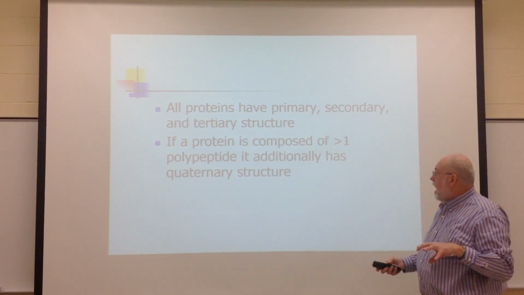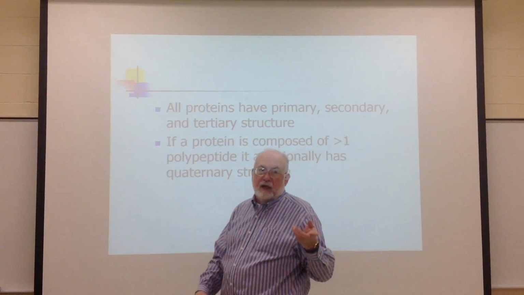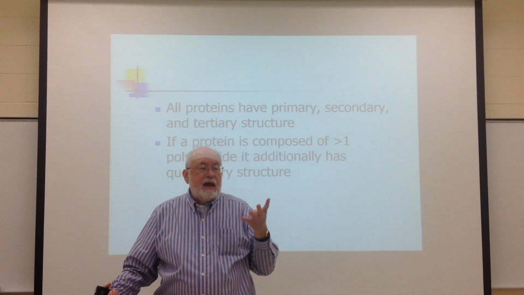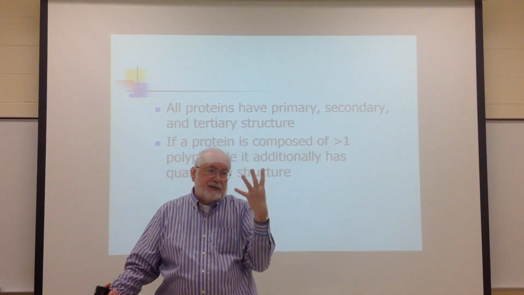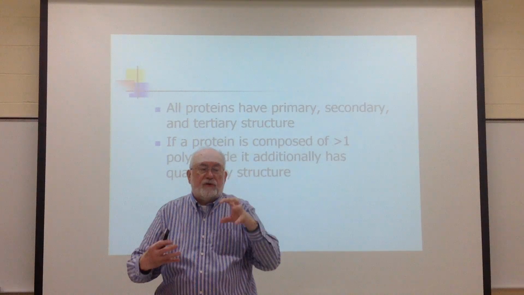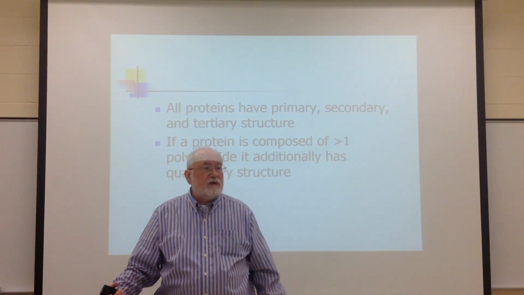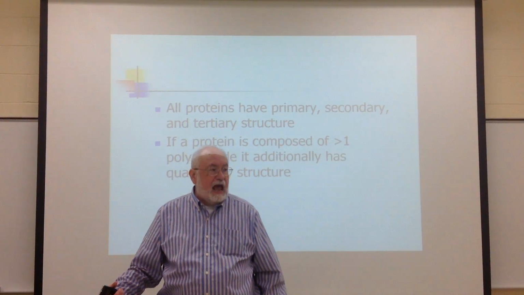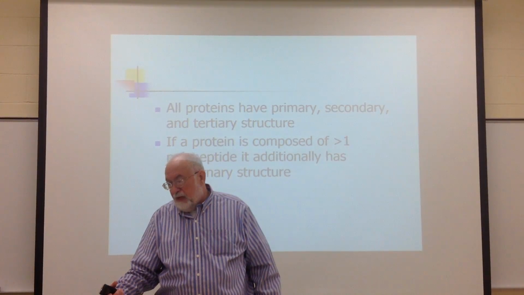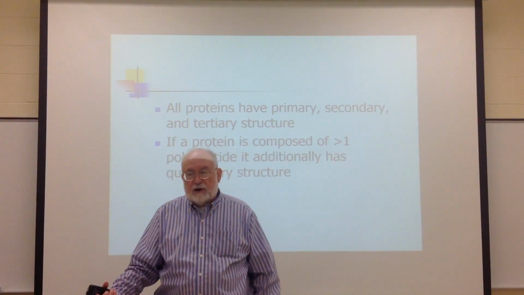A good example of something that will have quaternary structure is hemoglobin. It's made up of 4 polypeptides combined together in a particular shape. And in order for it to function properly, it needs to have that particular shape. And if you alter that, well, it either doesn't work or it doesn't work very well.